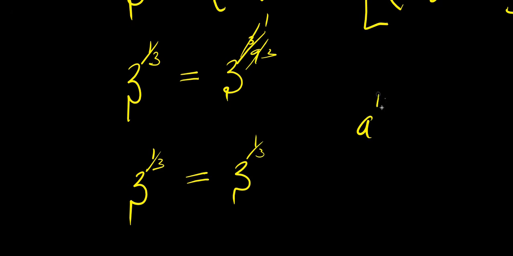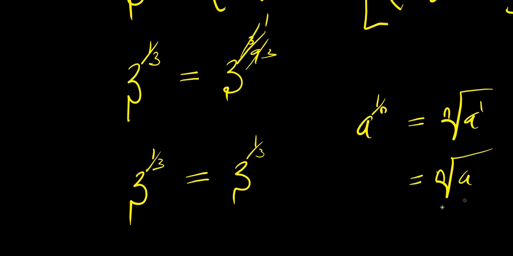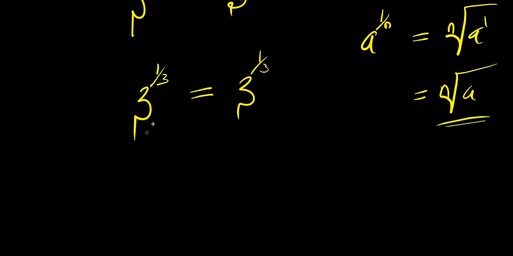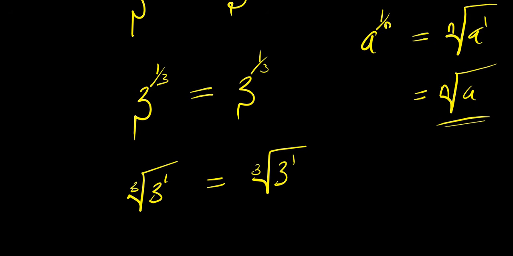Now, if you have a power 1 over n equals the n-th root of a power 1, and this equals the n-th root of a. So 3 power 1 over 3 is the cube root of 3 power 1, equals the cube root of 3 power 1.